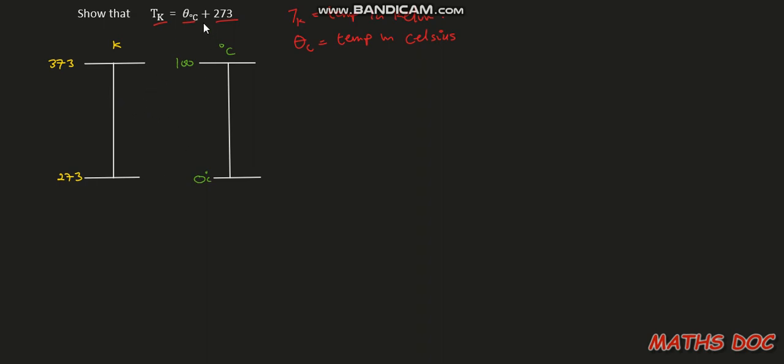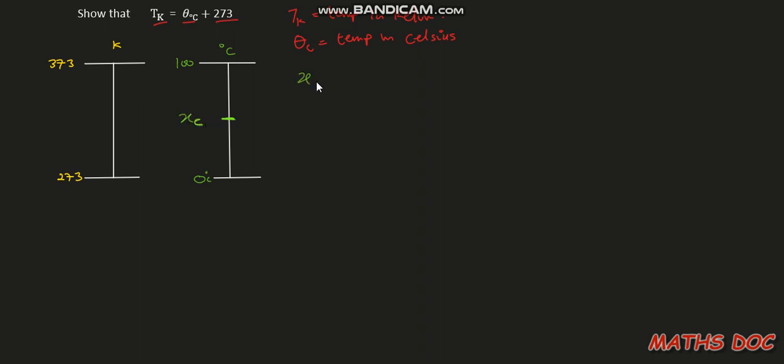Since I am converting theta C to theta K, let's call the value there X. It will be X Kelvin, which we don't know what that will be. Likewise, since we are converting this to theta K, let's go down here and call the value X degrees Celsius.